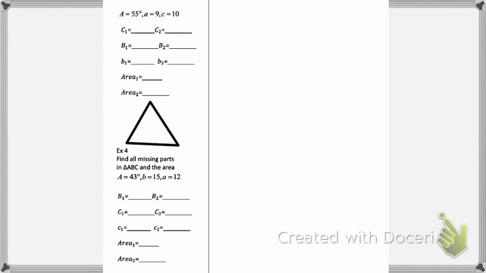So this is angle A, angle B, and angle C. So we know that angle A is 55 degrees because that's the given information over here. And side A is 9, which is the side that's across from angle A. And side C is 10.